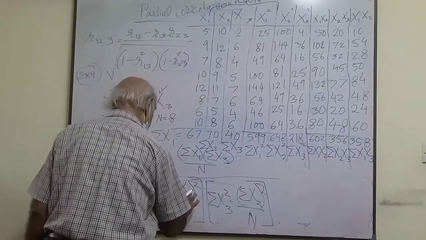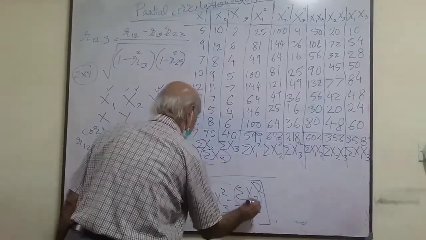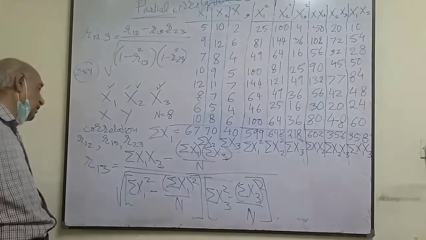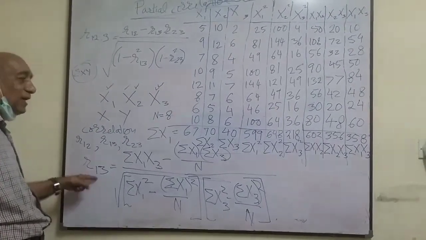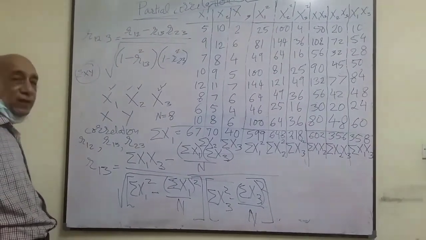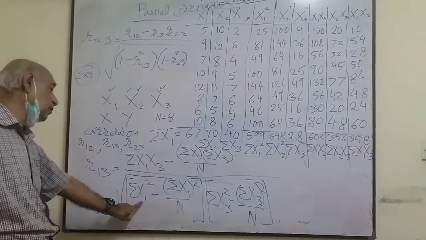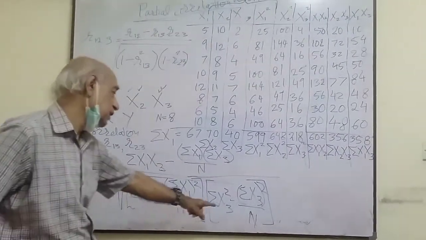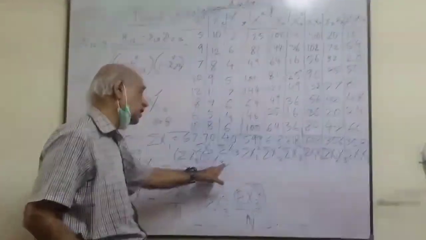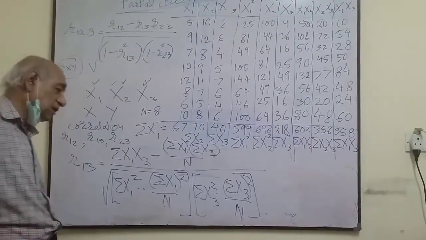So that is the formula for the correlation between 1 and 3. Similarly, for 2 and 3, here there will be 2, 2, here 3, 3, x2, x3, and that will be R23.